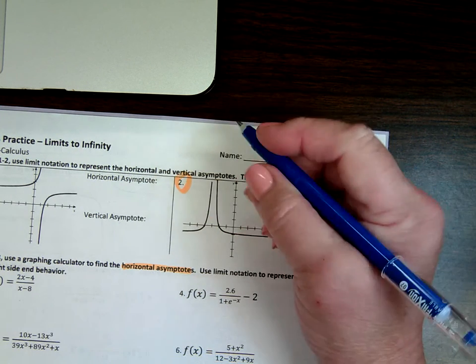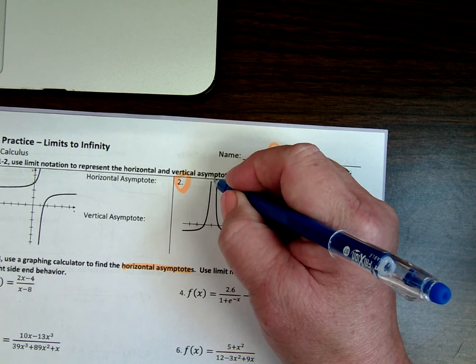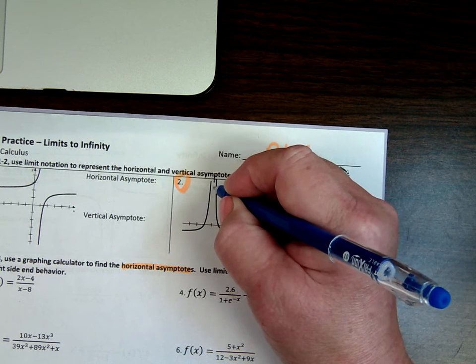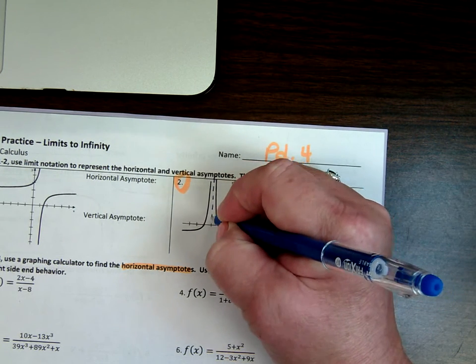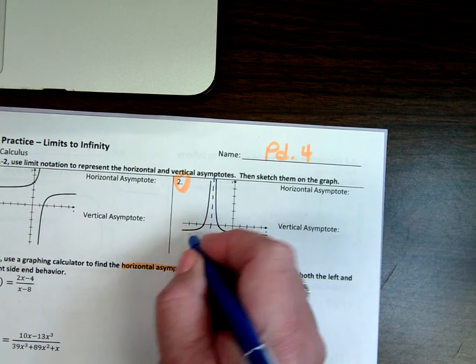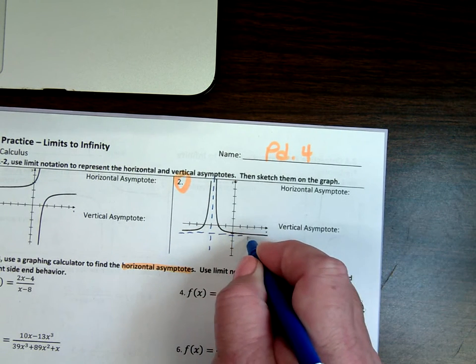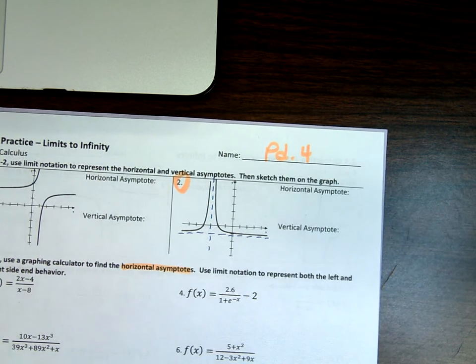The vertical asymptote is where the line approaches, right about there, right through the middle. We usually draw them as dotted lines. And you can see there's also a horizontal line that this graph approaches. If I go this way, so I've drawn them. That's where I believe they are.